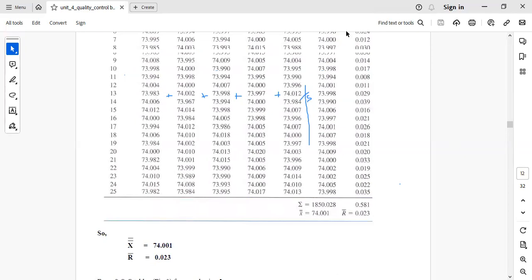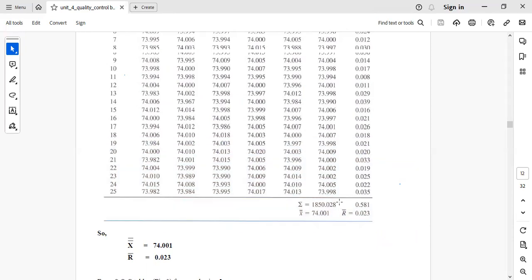Once you are done getting all the means, you then calculate the mean of all of them.